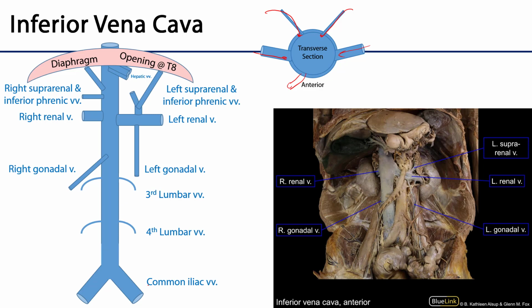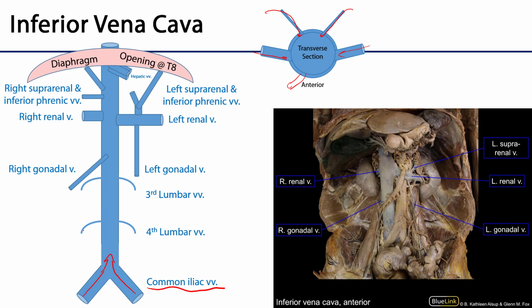Let's start down here at the bottom, start at the very beginning. Very good place to start. The IVC is the coalescence of the common iliac veins. So these are draining the lower limbs and the pelvis, and they come together to form the inferior vena cava.